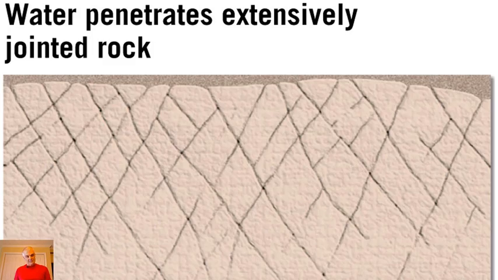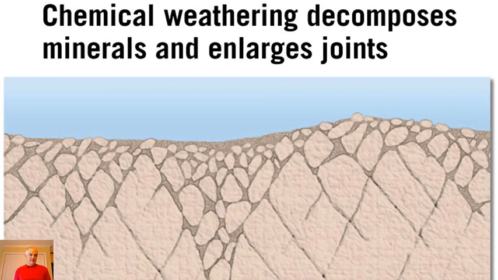So what first happens, so kind of draw a picture of this, is that water permeates into a jointed rock. You get a rock with some cracks, right? And water penetrates it, but it's going to have acids and stuff like that in it, and those will break it down. They break down chemically, and then these rocks are all joints, and it breaks them. I mean, it chemically changes them, and now they're like dusty stuff.